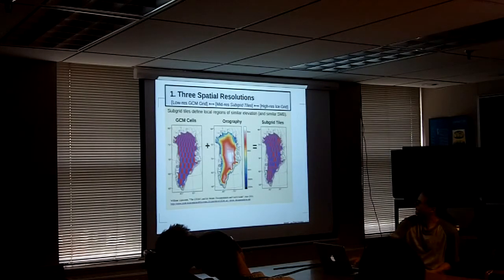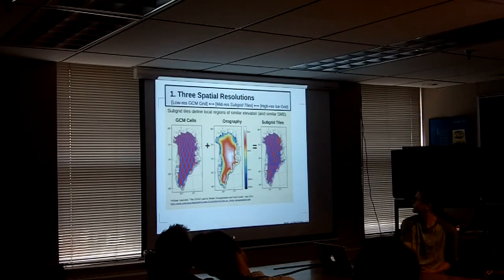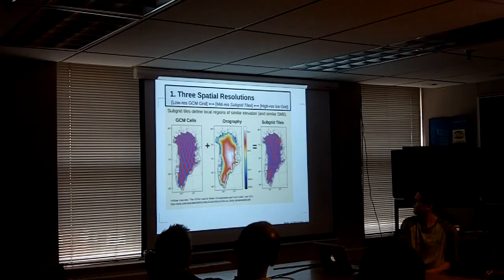Most of the GCM works on this grid, and now the land ice portion of the GCM keeps tabs of stuff on this grid instead. You can think of it as funny shaped grid cells, or as 10 new surface subtypes inside of land ice. There are many ways you can think of it. I like thinking of it as we've defined this grid of funny shaped grid cells, and that's where we do our computation.